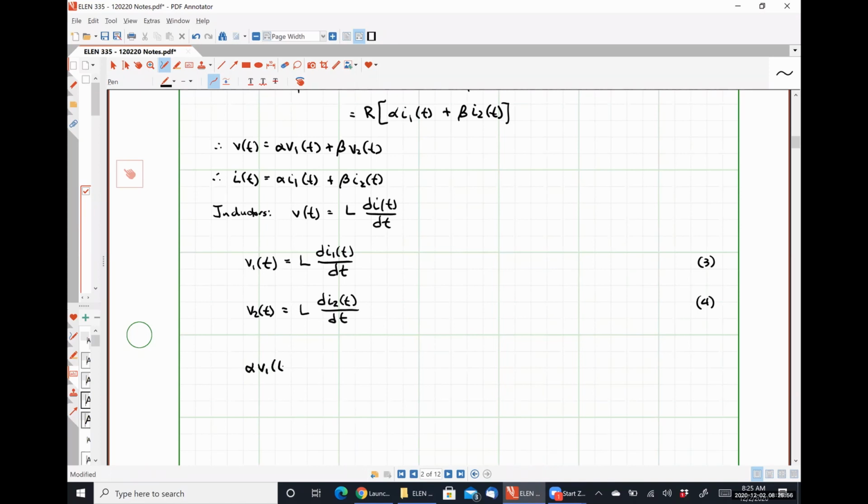So alpha V1 plus beta V2 is equal to L d/dt of alpha I1 plus L d/dt of beta I2.